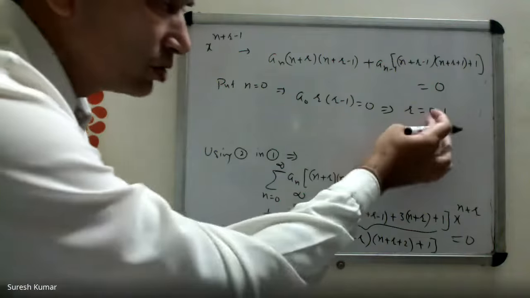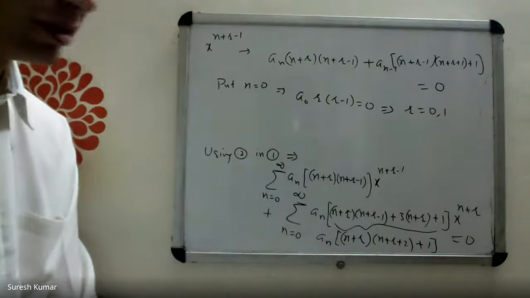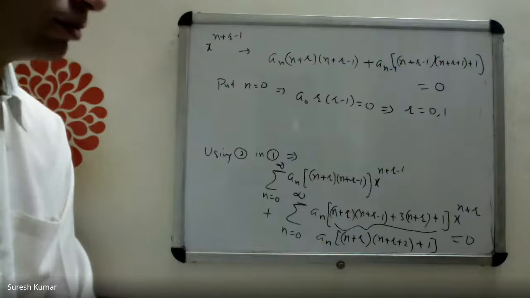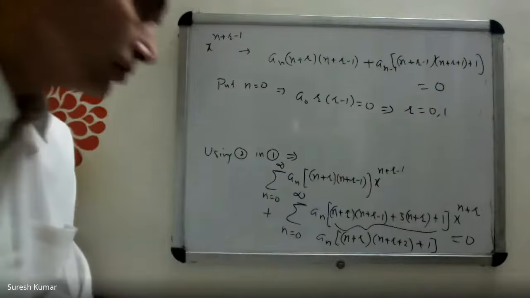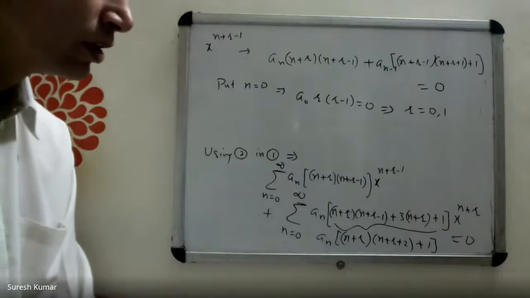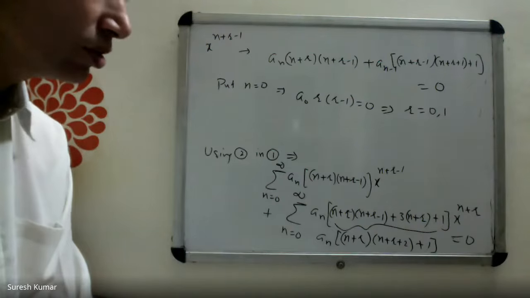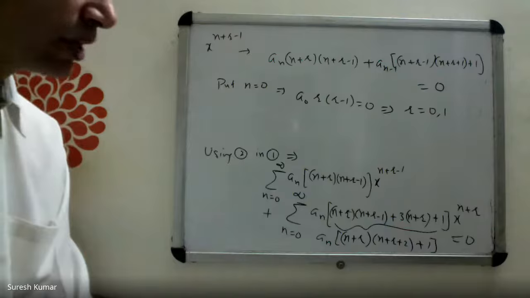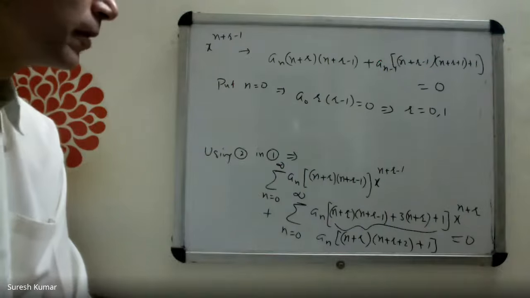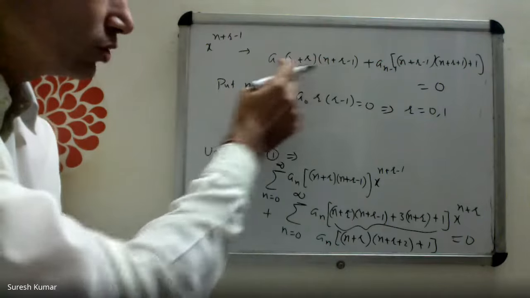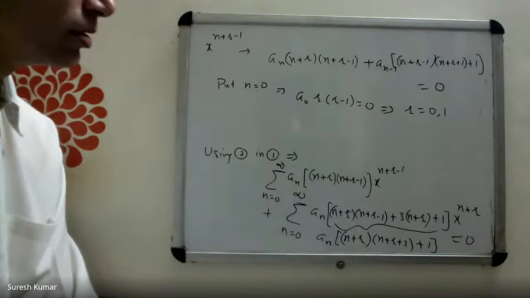Okay, here you see the roots differ by an integer. So one solution is guaranteed corresponding to larger root, r equal to 1. Other solution will exist or not, we will see. Can you find the solution corresponding to r equal to 1? One more thing, you should search for a1 also here.